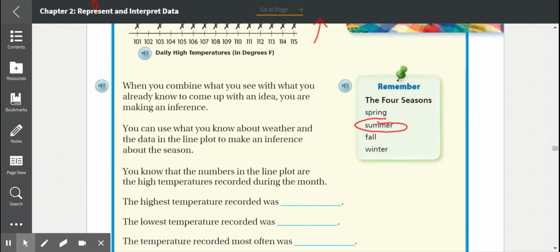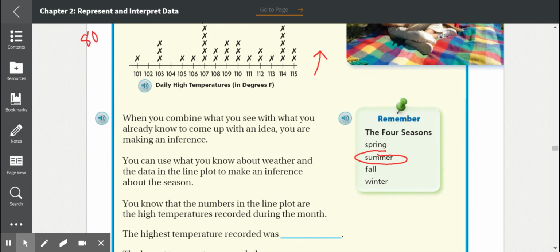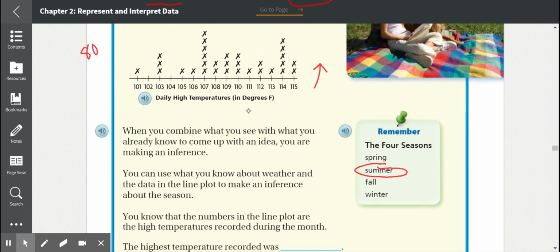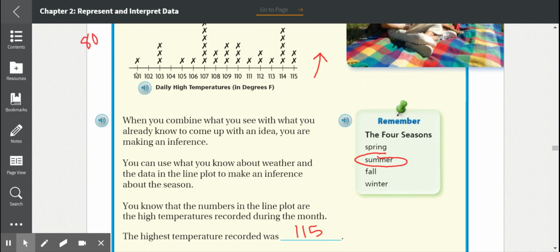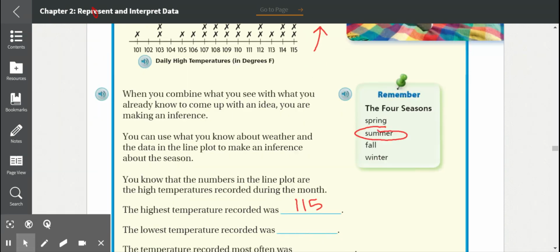You know that the numbers in the line plot are the high temperatures recorded during the month. What's the highest temperature recorded? The highest temperature recorded was 115 degrees. That is really, really hot. And the lowest temperature recorded, let's go back, was 101 degrees.